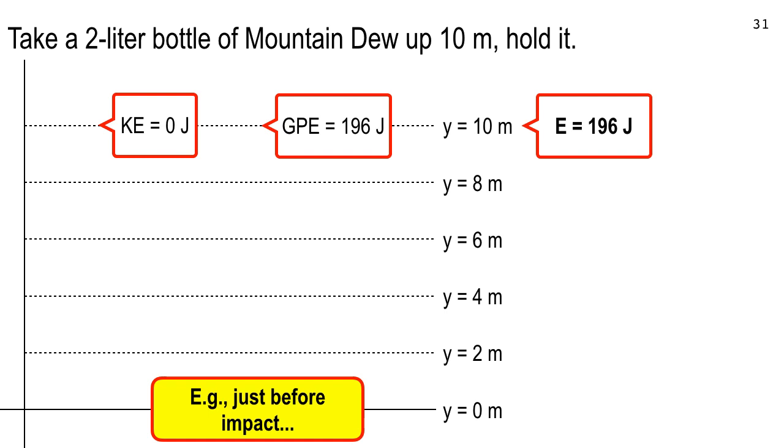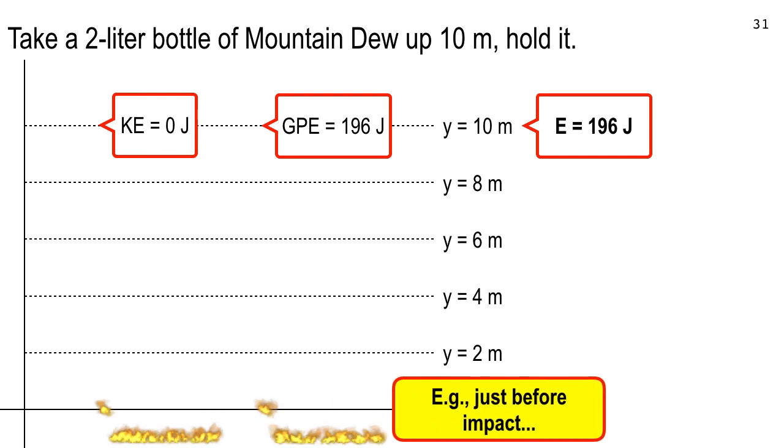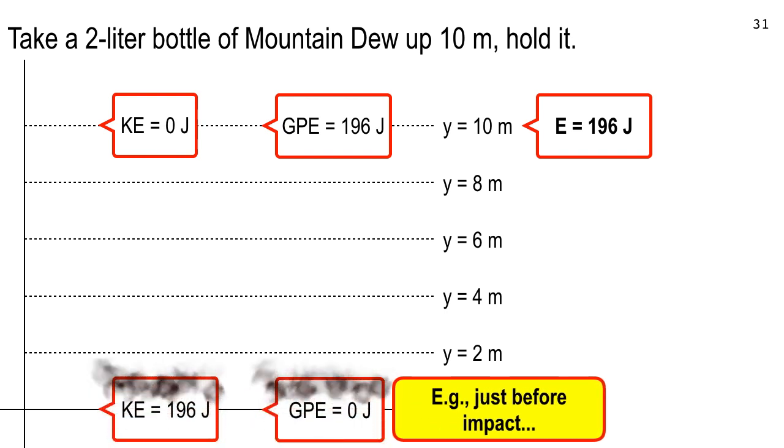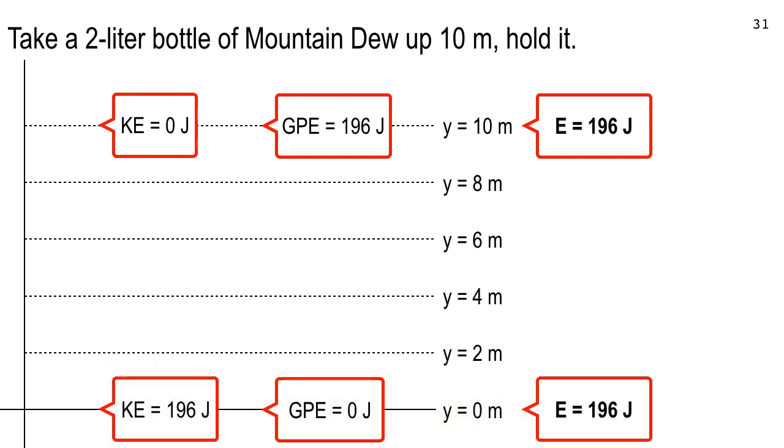It's going to be 0. So what is the kinetic energy going to be? 196. And of course, the total energy is 196. They're going to be the same, so you can put ditto marks all the way down in the energy column.